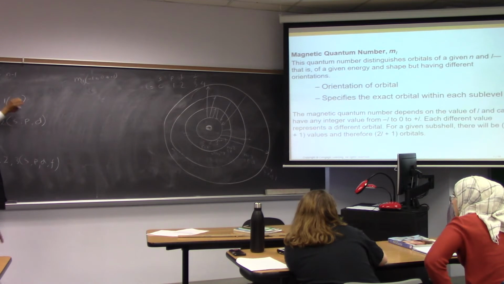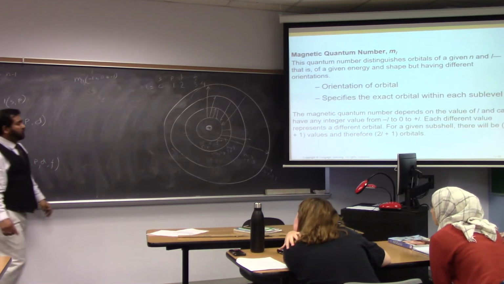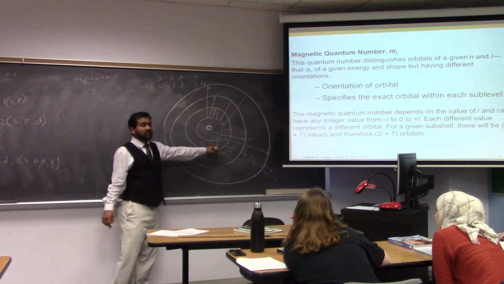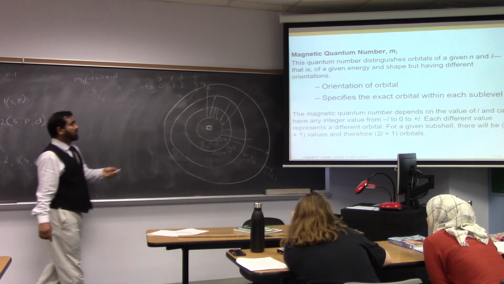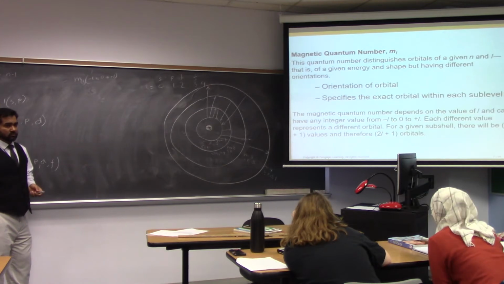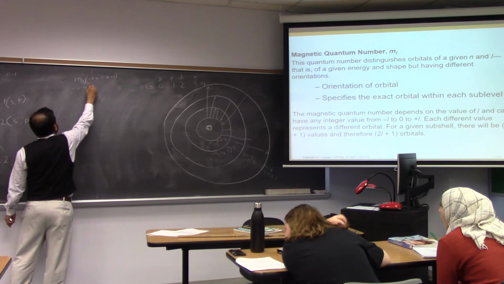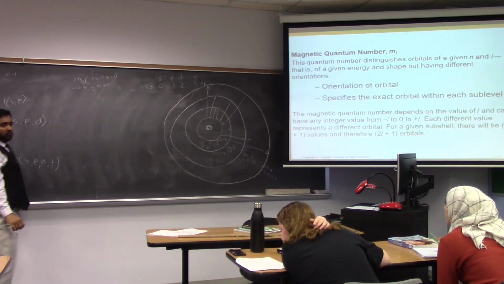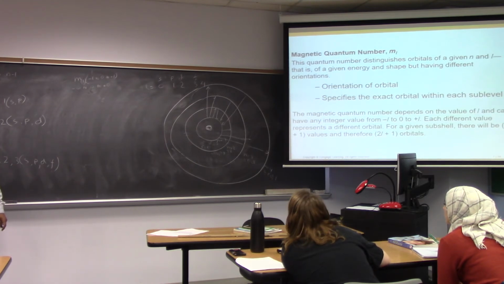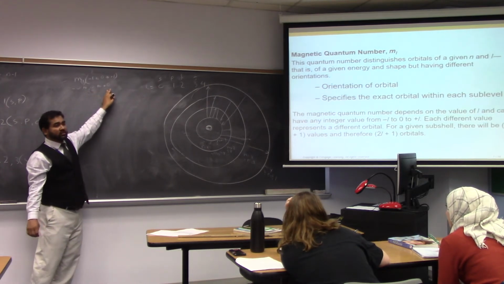So if L value is 0, for the first level there is only an s orbital, because L equals 0. Tell me what is the magnetic quantum number in the first level? Yes, negative 0 to positive 0.